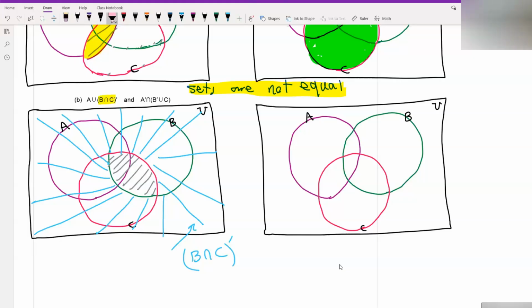So combining all these blue and circle A. So this is A. And also I should have all those members that are in blue.